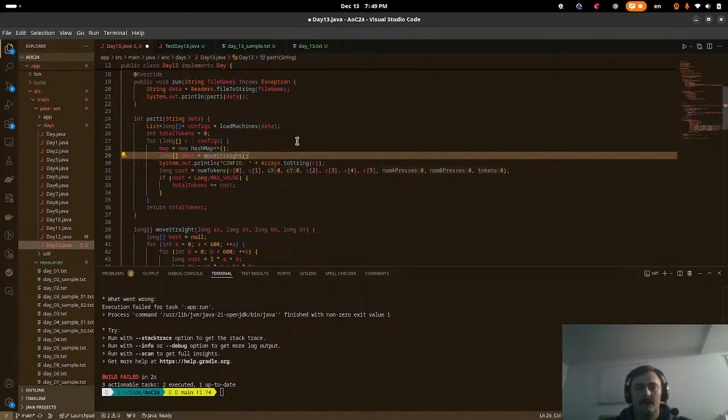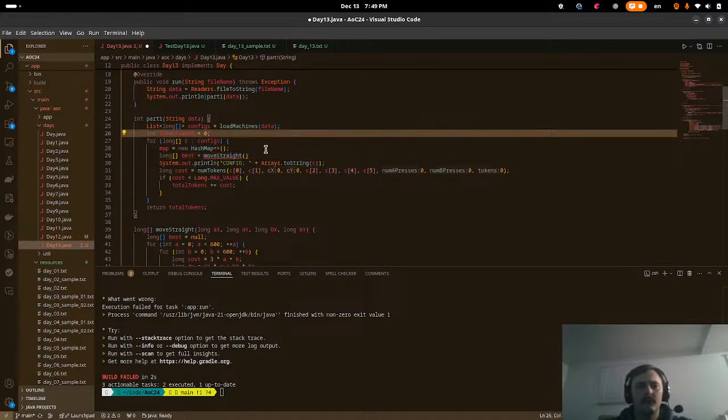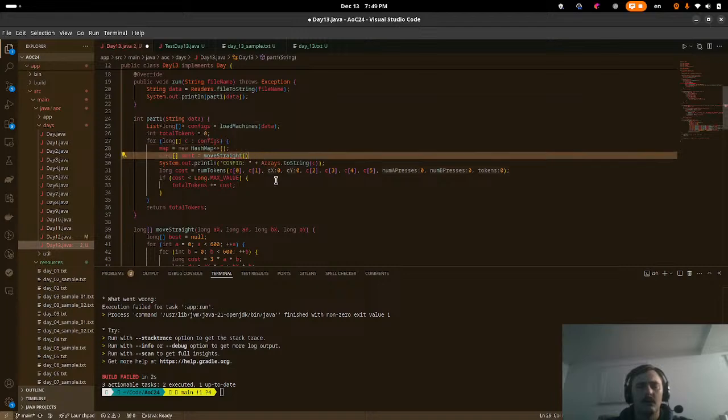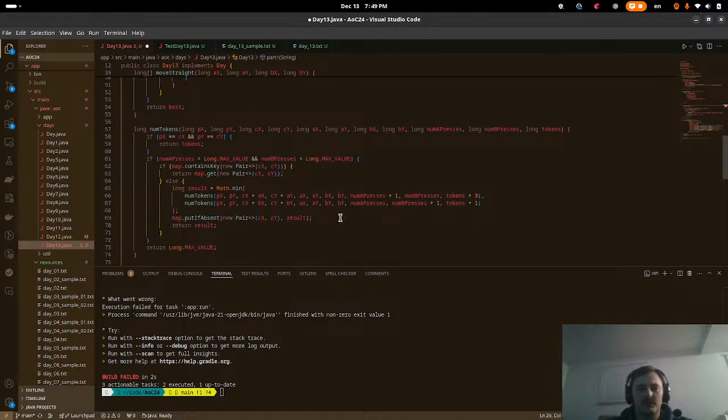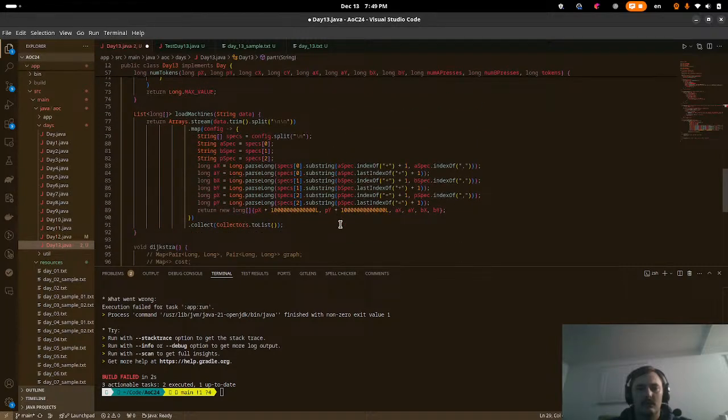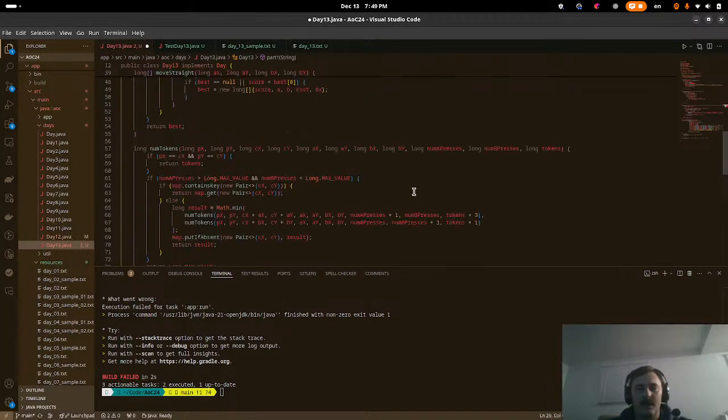And we want to get the steps, which are the last four. So 0, 1, 2, 3, 4, 5.